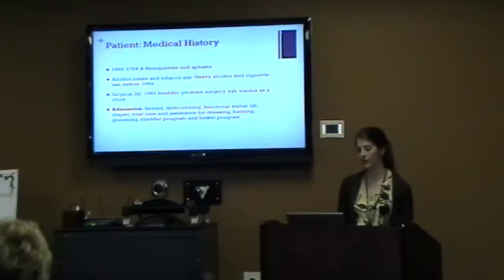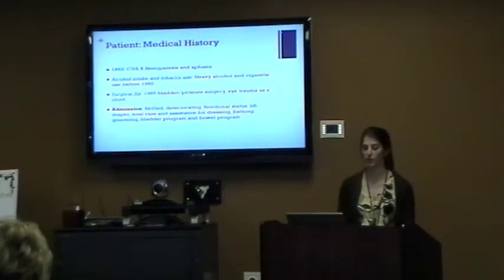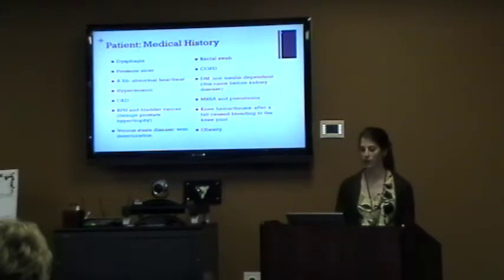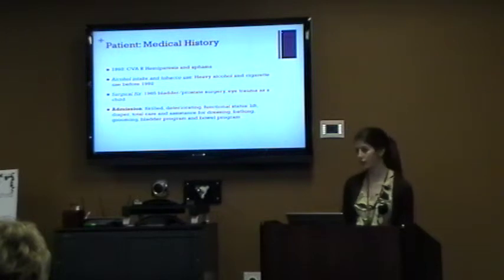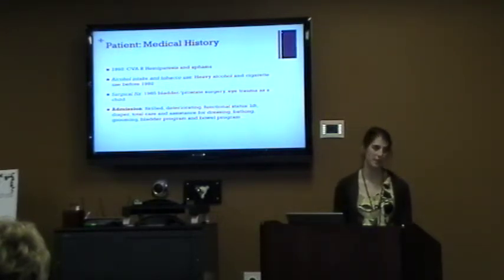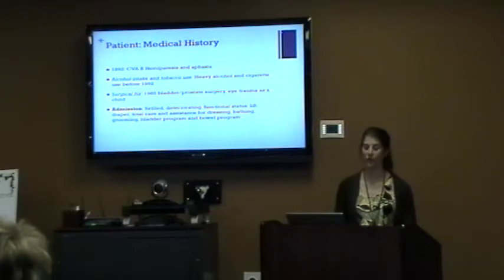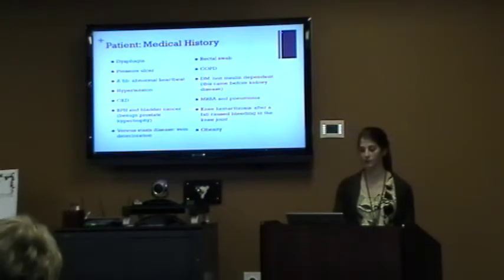He had bladder and prostate surgery, eye trauma as a child, and when he was admitted, he was actually admitted in 2001. He was skilled, but he was deteriorating. His functional status, he's using a lift, he has a diaper, total care and assistance for dressing, bathing, grooming, bladder program, and bowel program. So he has a lot of different programs going on, a lot of assistance needed.